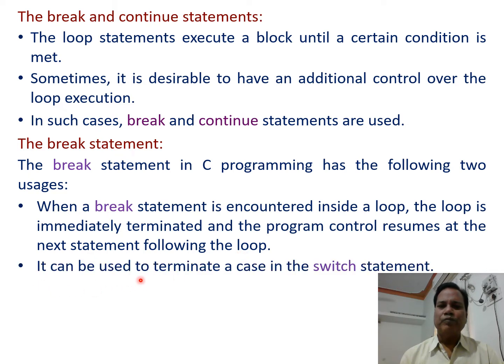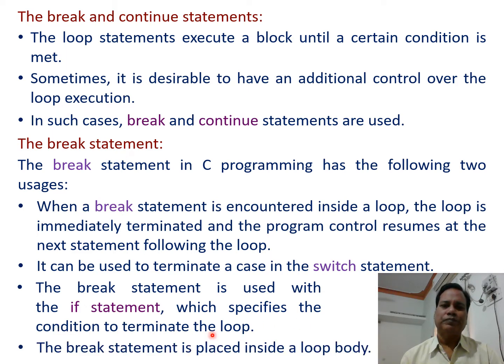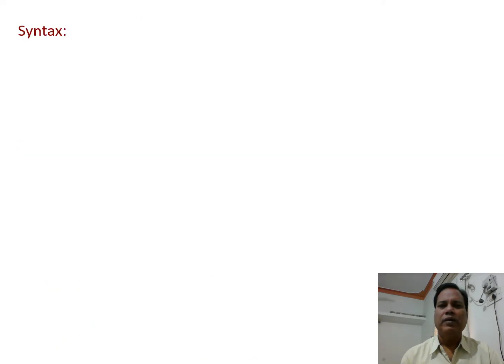It can be used to terminate a case in switch statement. The break statement is used with the if statement, which specifies the condition to terminate the loop. The break statement is placed inside a loop body.